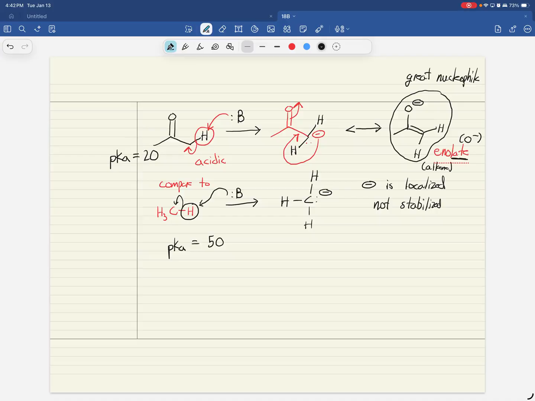All right. So I'll tell you right now that there are other compounds that can do this, okay? So we looked at this compound, right? We can also do this if we have an aldehyde. So you have an aldehyde, add a base, you can get the aldehyde version of an enolate.